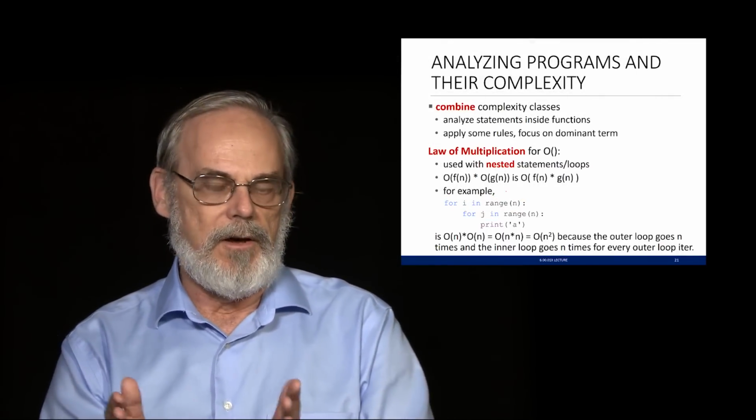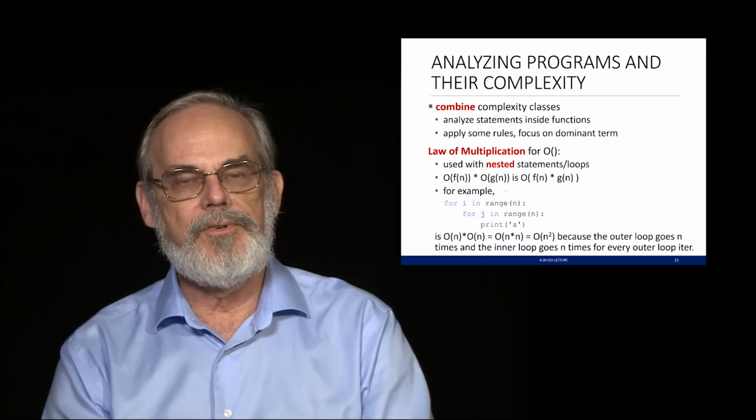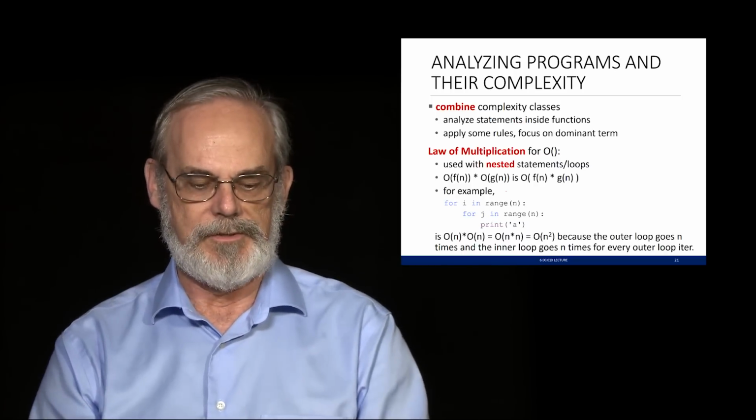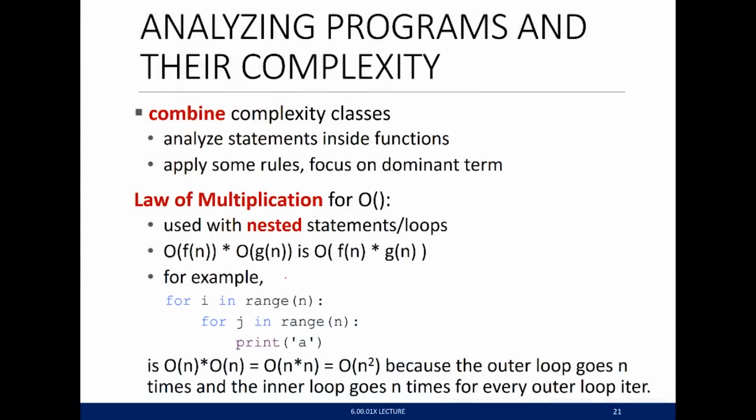I have a second one, a law of multiplication for big O, and we use that when we have nested statements or loops. So in this case, if I have something that has a particular function, and I've got another one that I'm going to do inside of it, the order of growth of that multiplication is the order of growth of those two functions multiplied together.